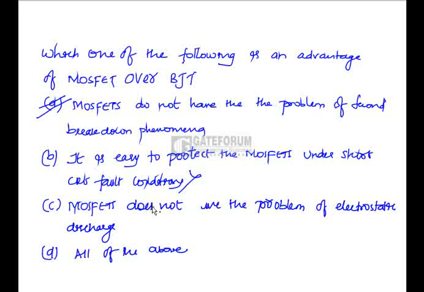And MOSFET does not have the problem of electrostatic discharge. MOSFETs do have the problem of electrostatic discharge. Since BJTs are current control devices, they are better protected under short circuit faults. Option D is also wrong, so only option A is correct.